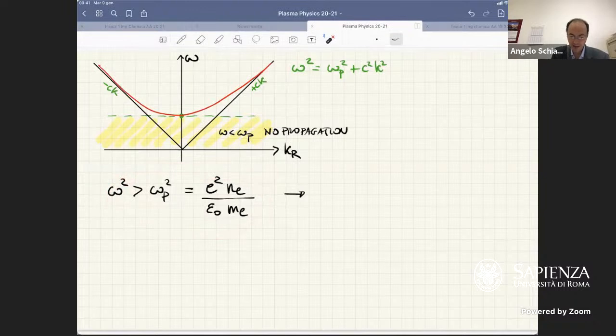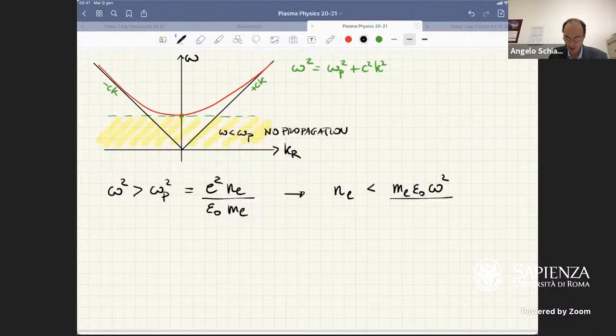So let's turn around this inequality, and we get that the number density of the electrons has to be smaller than what? A term which is the mass of the electron times epsilon naught times omega squared of the wave divided by e squared.